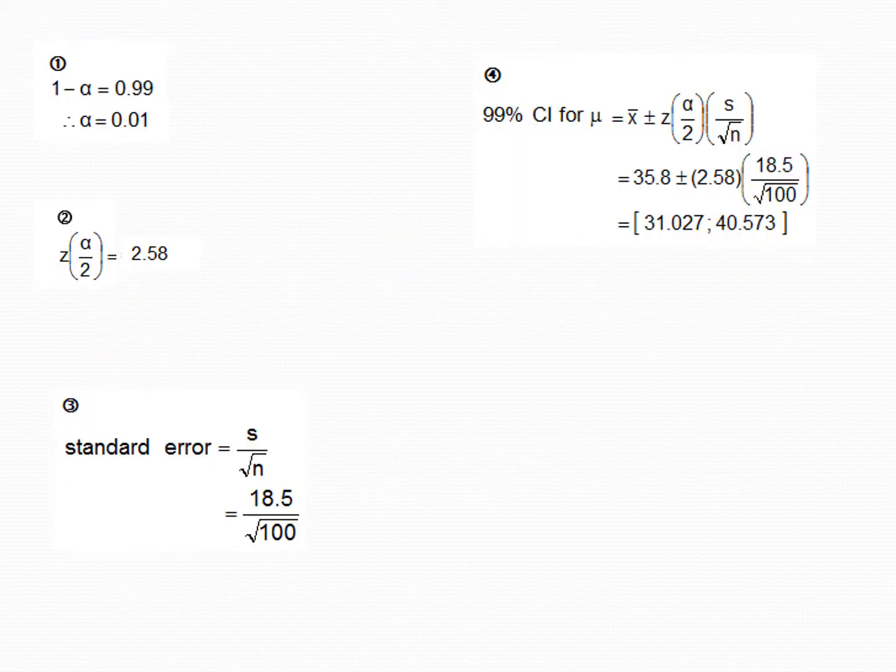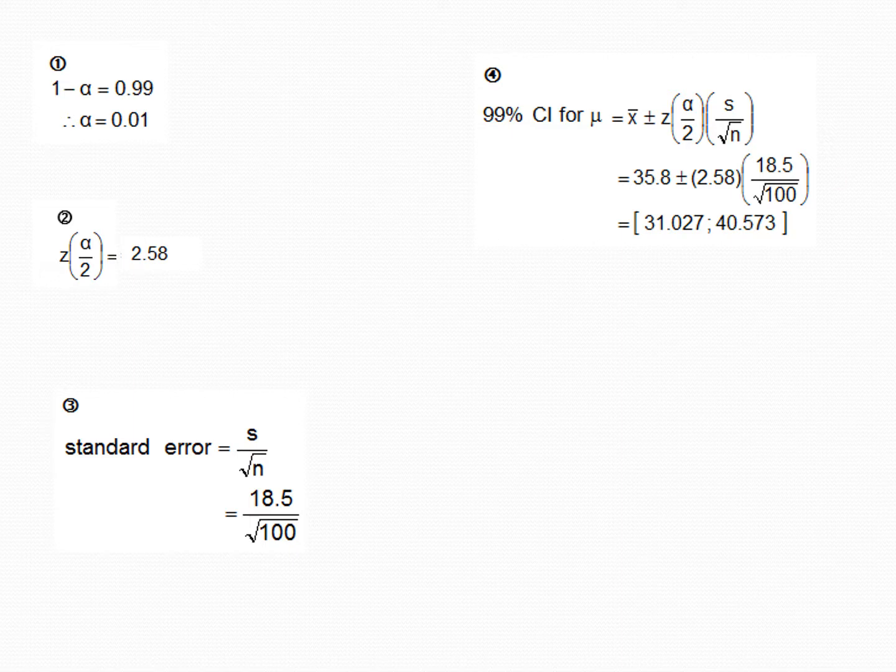So for step 1, we know that our confidence level is 99%, so 1 minus alpha will be 0.99. That means that our Z alpha over 2 value will be 2.58, and our standard error will then be 18.5 divided by square root of 100. Then we have everything to determine a 99% confidence interval for our population mean.